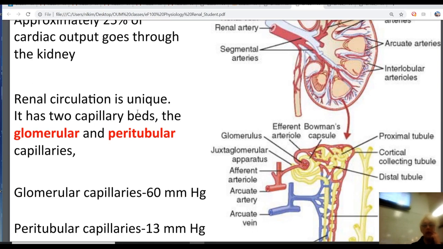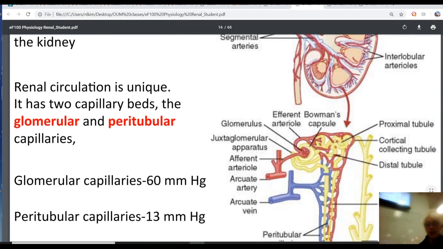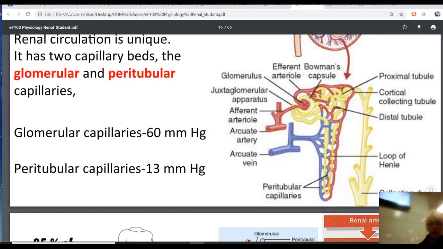I think here it mentions why the renal circulation is unique, because it's got two distinct capillary beds, glomerular and peritubular, which means that the glomerulus has a bed in which you'll see the podocyte cells. It's very important that within the glomerulus there is a pressure gradient, which you'll see right here.